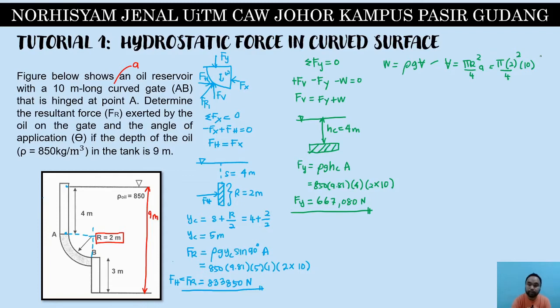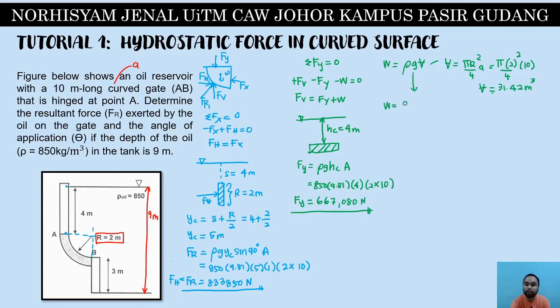So pi times 2 square times 10 divided by 4. So the answer is 31.42. So the volume is 31.42 meter cube.